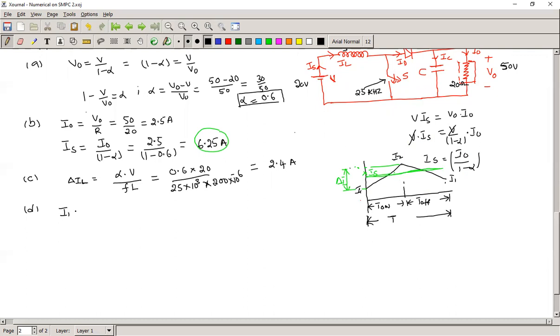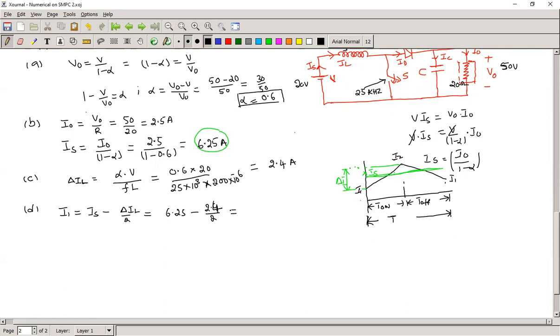So we can write I1 as IS minus delta I by 2. See, from this graph you can say that this is IS minus half of this height. Already we know the value of IS, that is 6.25, minus delta IL by 2, that is 2.4 divided by 2.